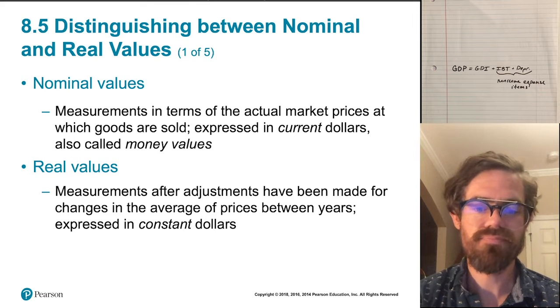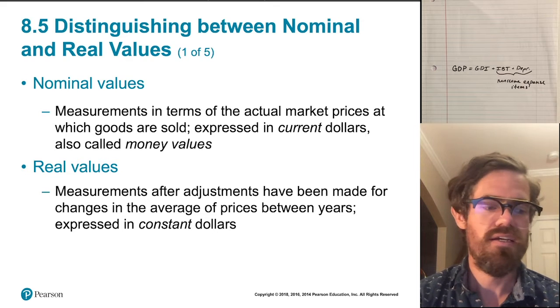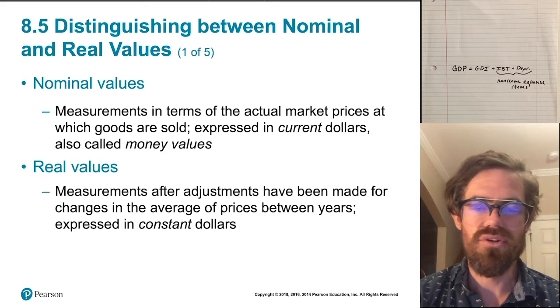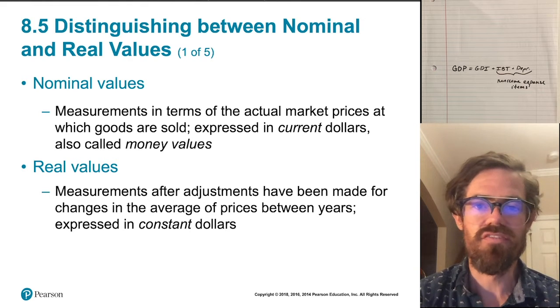I don't know if you've ever heard a parent or a grandparent say something like, when I was your age, a can of Coke cost 10 cents or 50 cents, right? That's because when they were your age, the value of the dollar was stronger. A dollar could purchase more things.